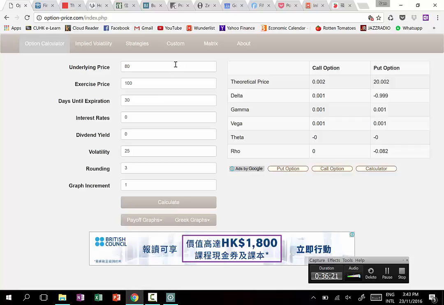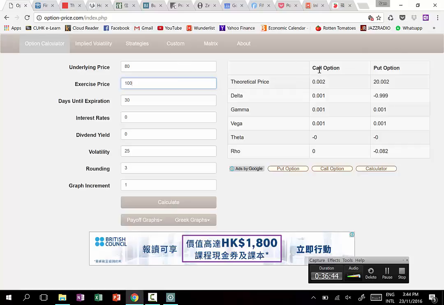I have an option where currently the spot price is 80 and the strike price is 100, and so of course this is very deep in the money, and the put would be about $20, which is just the intrinsic value here.